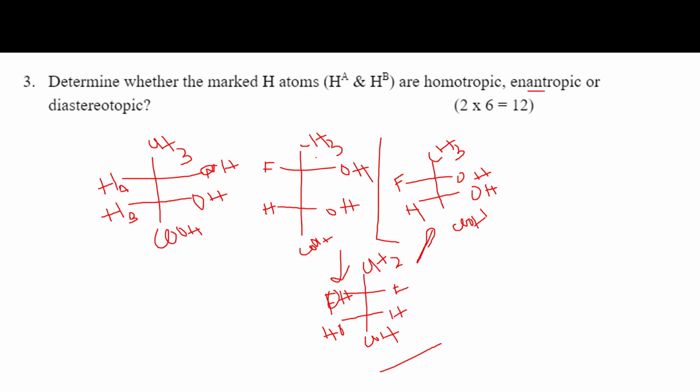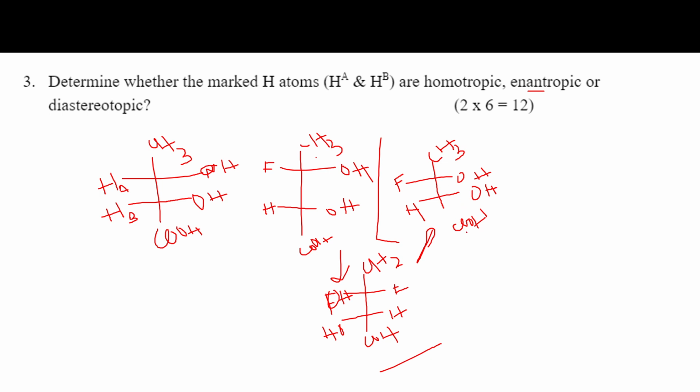So they are not enantiotopic. Now we have to find out whether these two molecules are homotopic or diastereotopic. Homotopic means after any rotation you get the same molecule, but that will not be possible because this methyl and this COOH are different. So they are not homotopic.